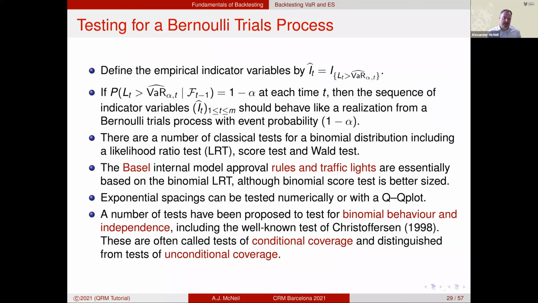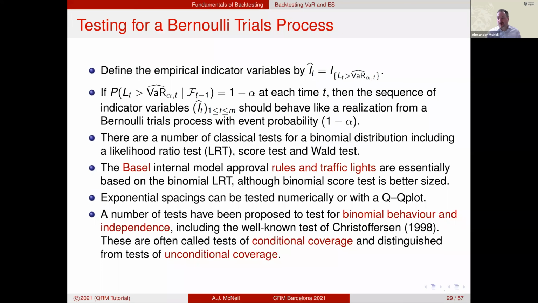Suffice it to say that the traffic light procedure that I showed you earlier, so if you remember, the multiplier in the trading book is based on the number of exceptions, and there's a green zone, an orange or amber zone, and a red zone. So if you have up to 4, it's green for good. If you have up to 10, it's orange for a little suspicious.